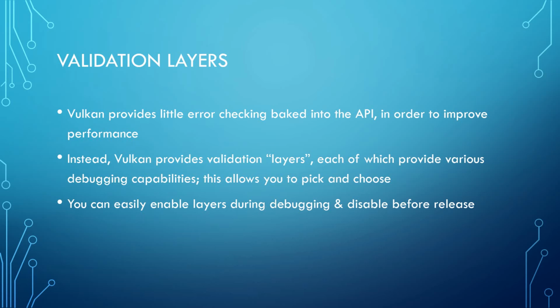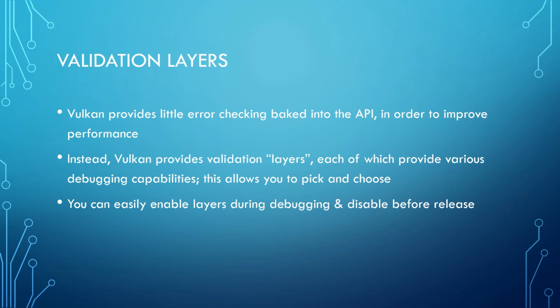Validation layers are, as we saw in the graphic earlier, not really baked into the raw API. What it does is allow you to determine what and how much debugging you want to include in your application.